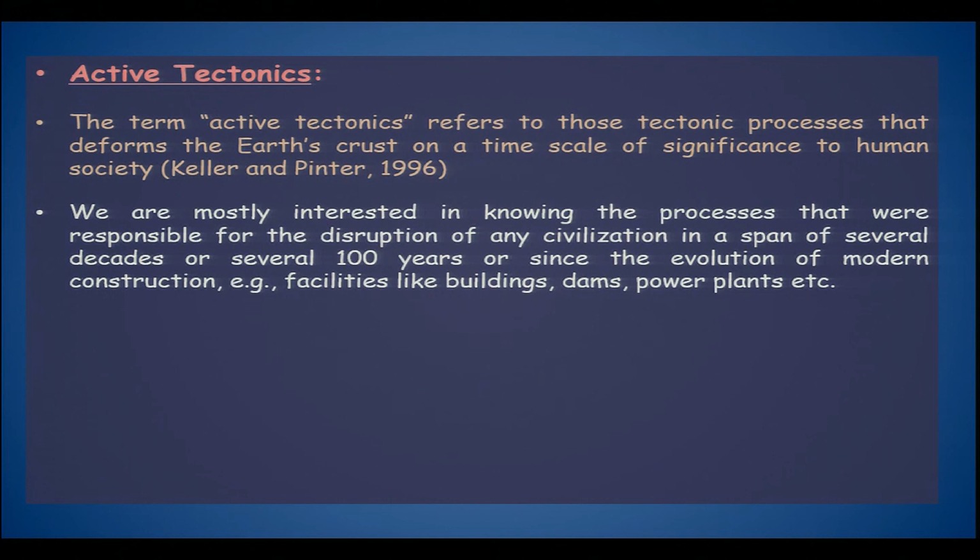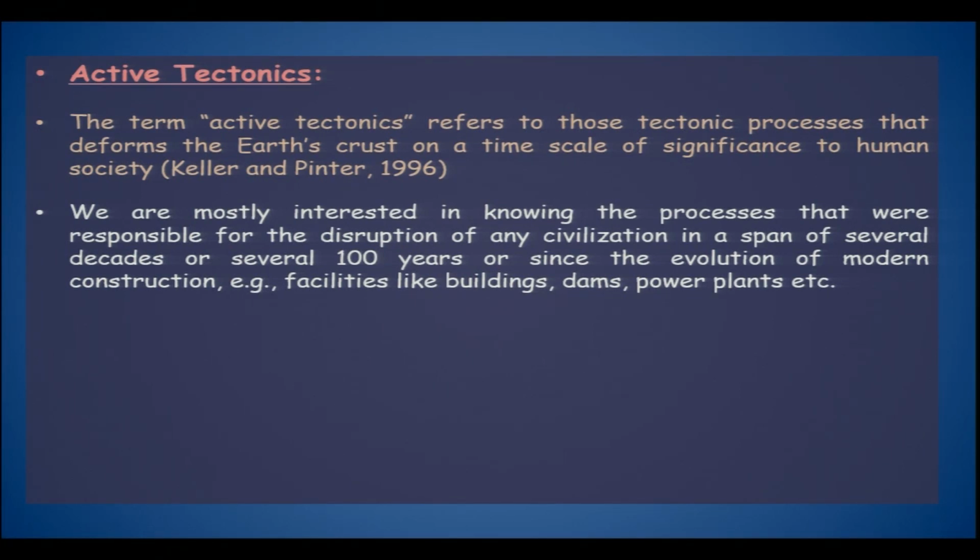So, when we are focusing on Kutch region, we will try to give one lecture on that part also. Basically, we are interested in understanding the active tectonism, which refers to the tectonic processes' significance to the human society.